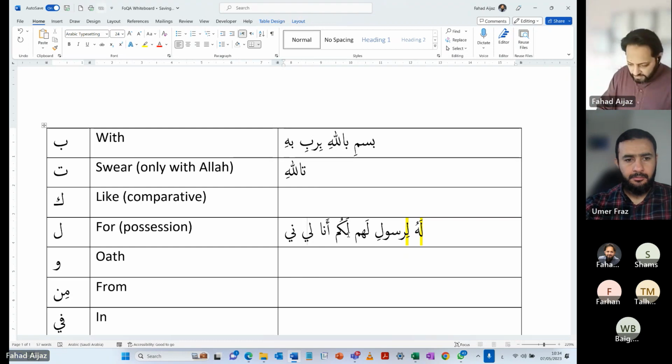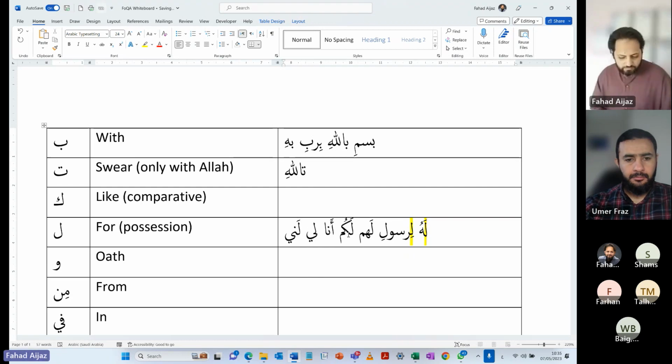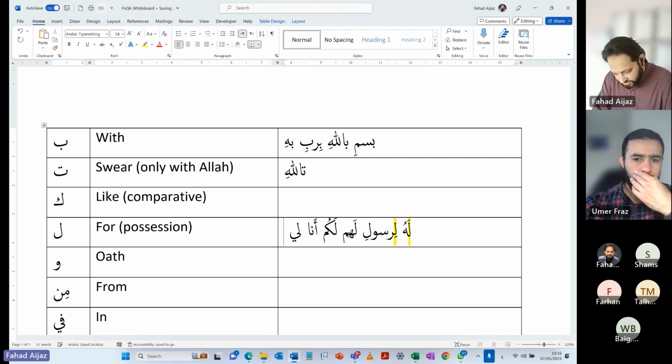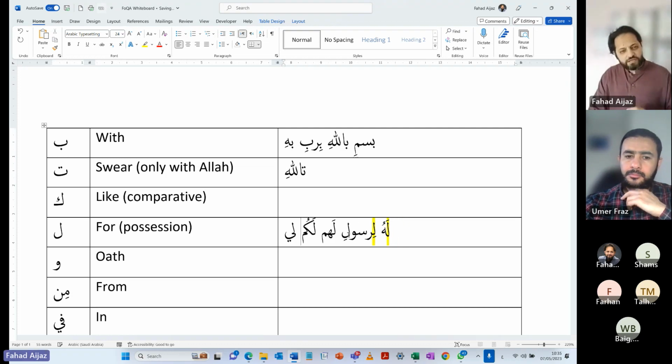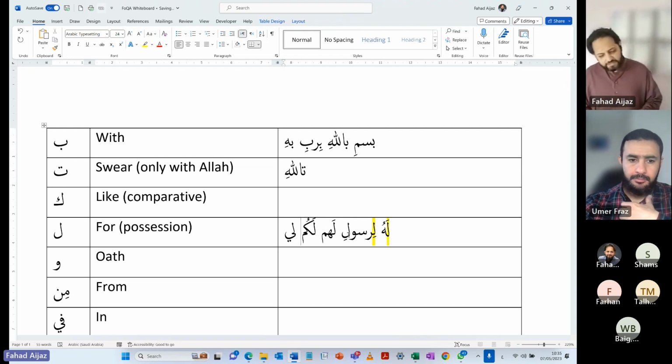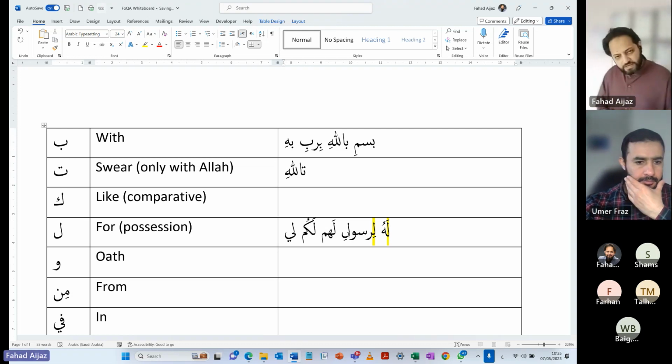In case of lani, it would take a fatha, but you will not find lani, because ni is generally attached to fi'ils, not to harfs or isms in the language. So when you attach the lam with the attached version of ana, like this li, it will not take the fatha. It will just stay li. But in other cases, it will take fatha all the time.